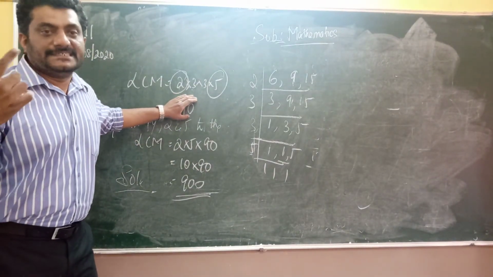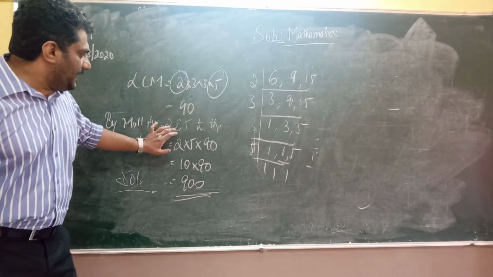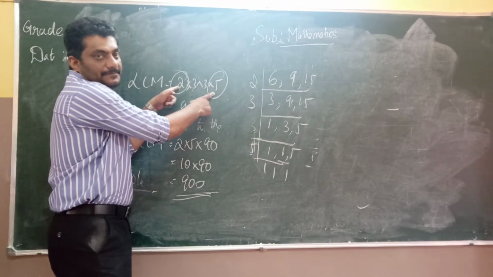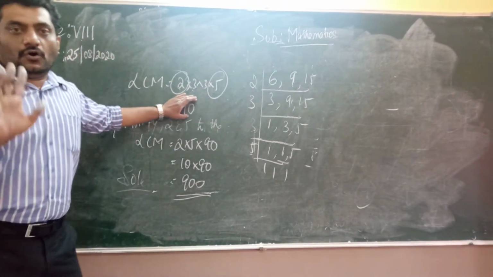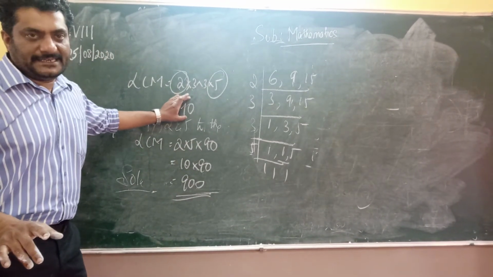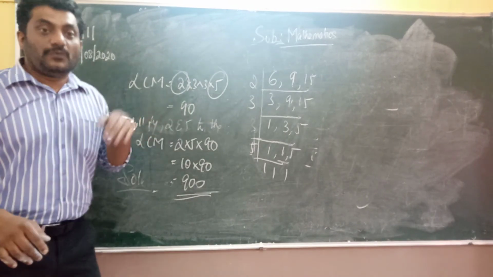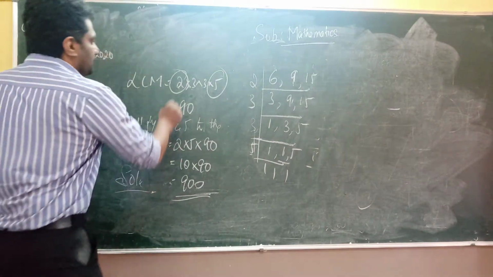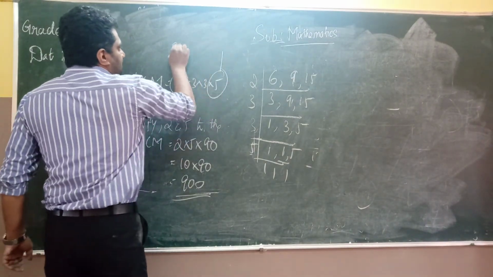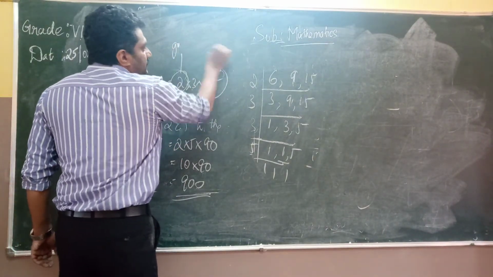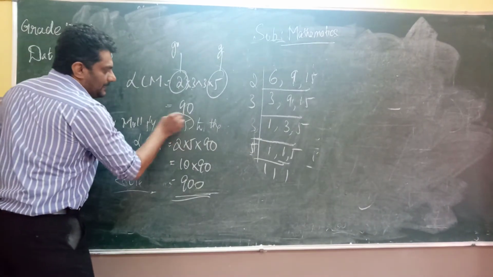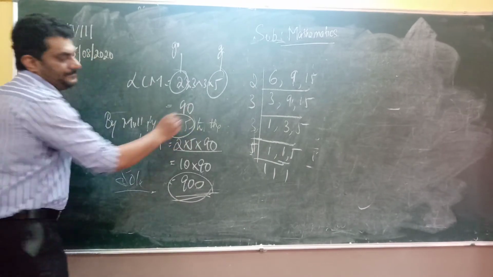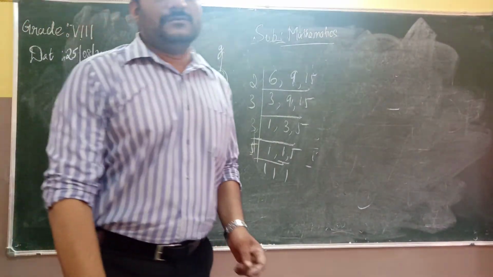Since they are asking for the square number, we have to add these 2 and 5, where these do not have the grouping. Since we don't have a grouping, you are multiplying 2 and 5, you get 900. This is what you have to do.